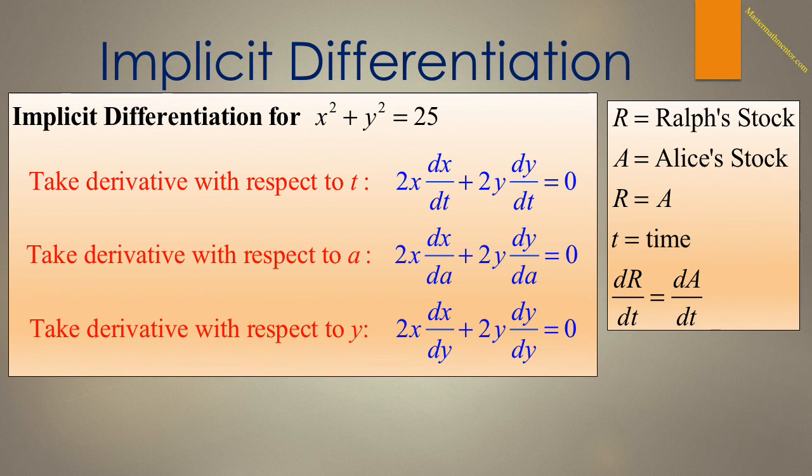At any time, R is equal to A. Now let t represent time. Over time, the value of the stock changes. However, dR/dt, which is the rate of change of Ralph's stock, must equal dA/dt, which is the rate of change of Alice's stock with respect to time.